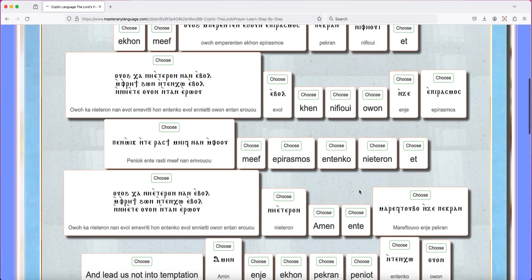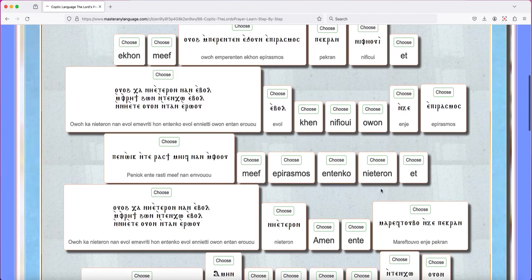All right. So, excuse me. Epirasmos. I see that. Epirasmos. Right. Epi. And see the P here. It looks like a P, but it's really an R sound. And here is the pi sound. So epiras. The C is really an S sound.